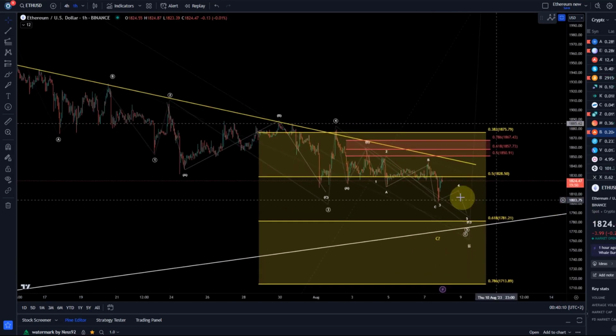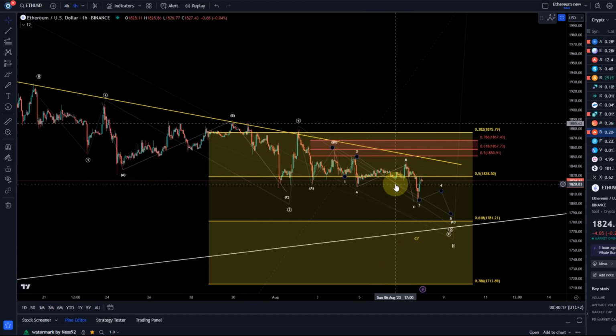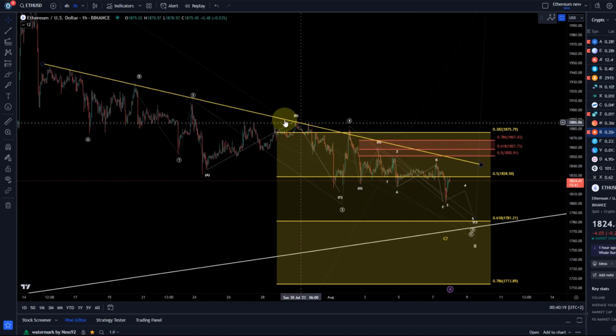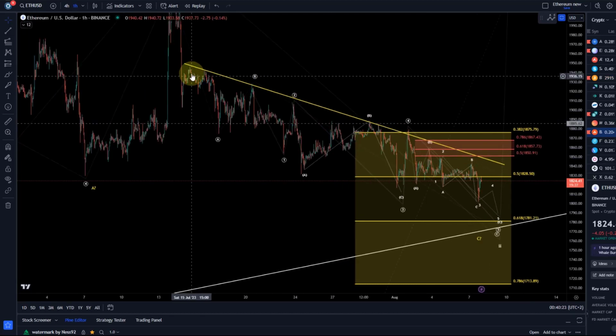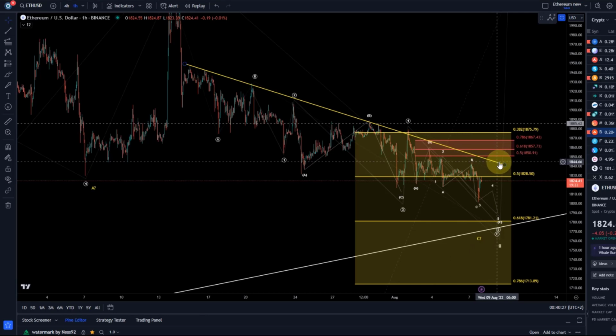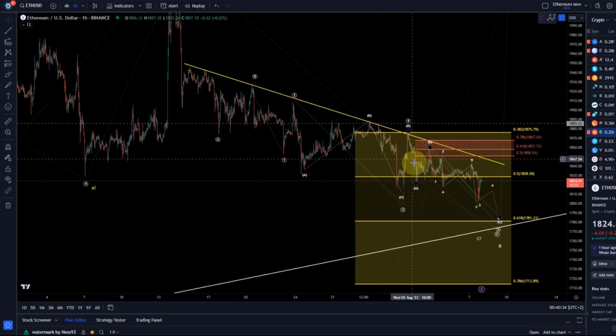Without a first impulse to the upside, or at least a 5-wave move up, there is no low, and I will not be able to confirm one. What I'd like to see as a first indication that this low is in is, from where we are now, a break above that descending trend line. That descending trend line started around the 15th of July, nearly a month now, and is highly relevant. You can see how often price pulled back to the trend line, dropped, pulled back, dropped.